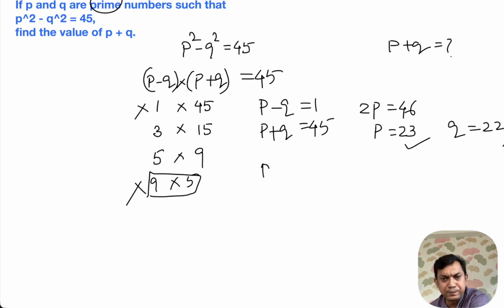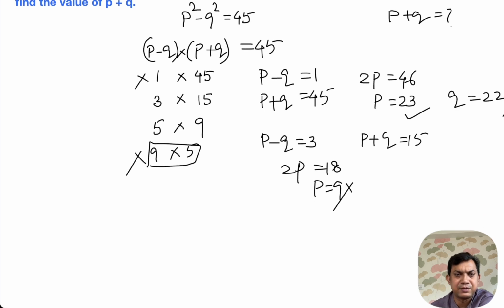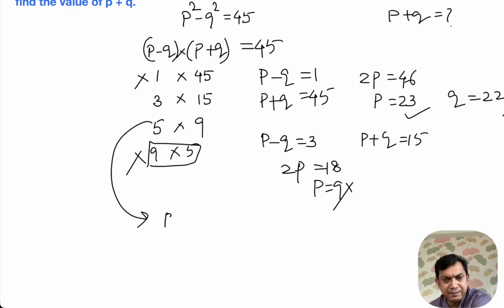Case number 2, I'll take P minus Q to be 3 and P plus Q to be 15. Now you add, Q gets cancelled out, you get 2P is 18. I get P to be 9. Not possible, because 9 is not a prime number. Go to the last case where I'll take 5 and 9. P minus Q becomes 5, P plus Q becomes 9.